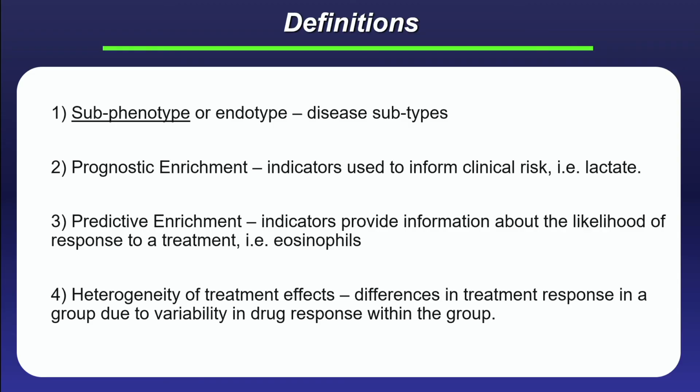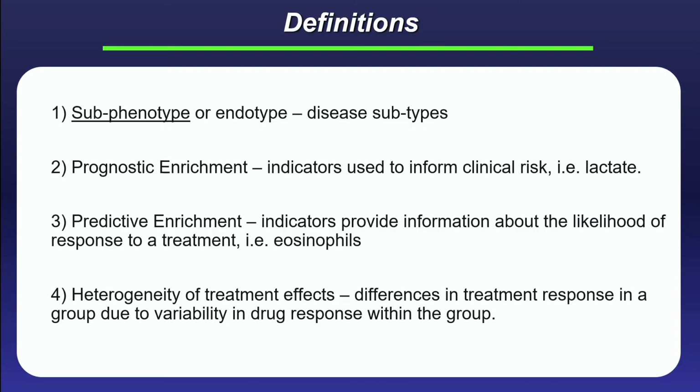All right, to start, I think it'd be helpful just to define some key terms. When we think about sub-phenotype, or another term that people have heard about is endotype, it's often a subgroup within a larger clinical syndrome, and we'll be talking more about that as the talk goes on. Prognostic enrichment is the idea of a certain indicator variable to help you inform clinical risk.